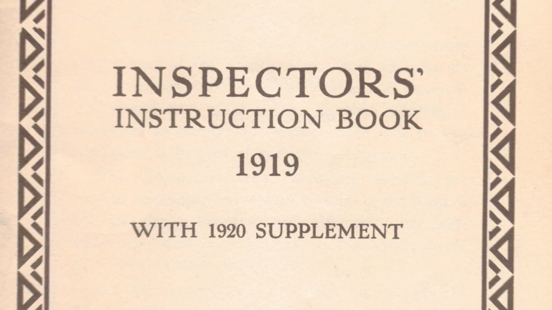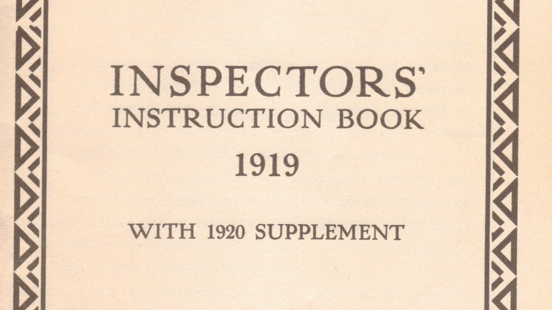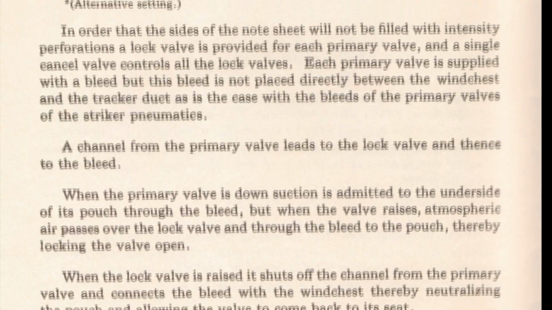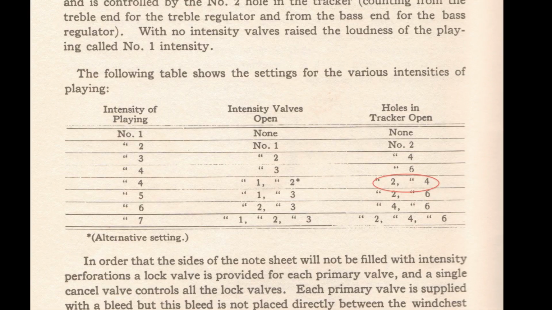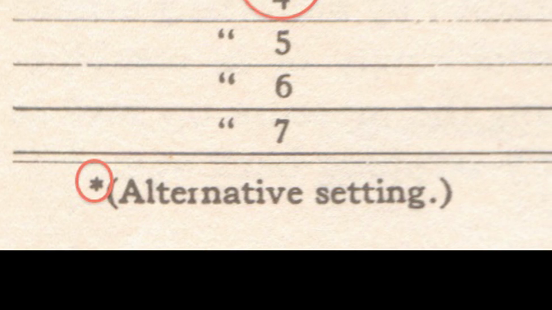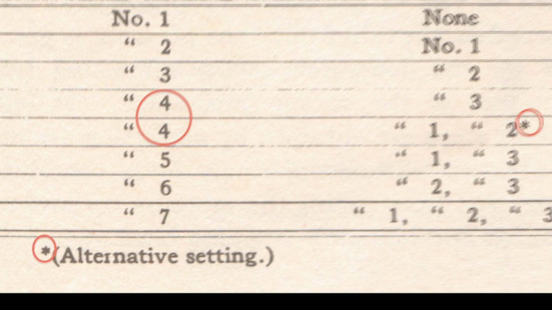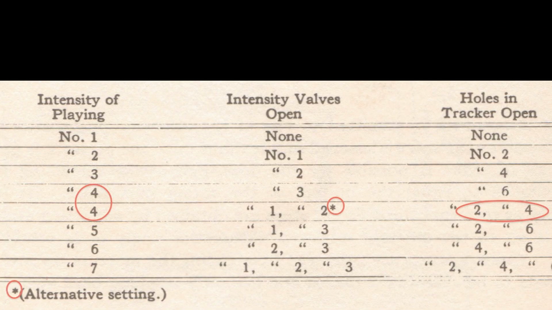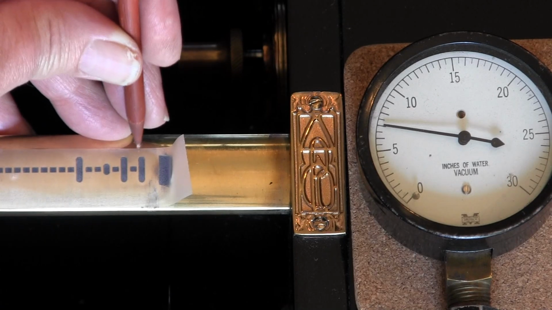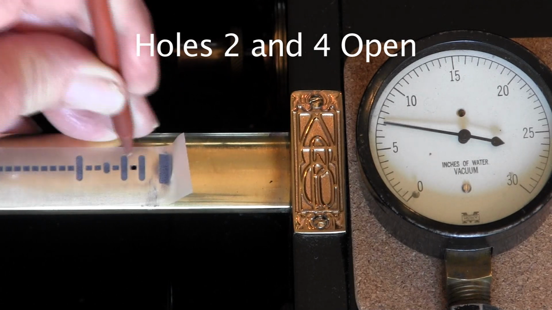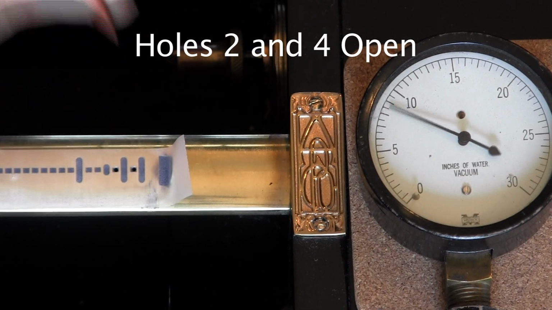Another clarification of the Ampico A steps needs to be mentioned. The combination of holes 2 and 4 is called alternate for hole 6 in the service manuals. Yet, if measurements are taken comparing these two intensities, the 2 and 4 combination is always less than 6 alone.